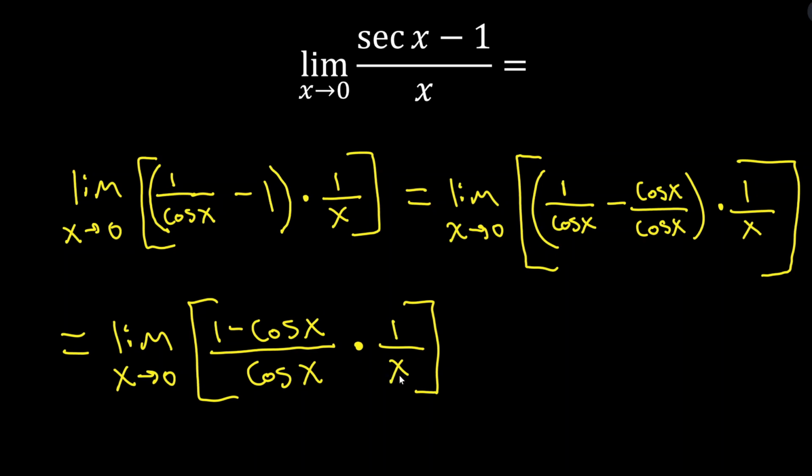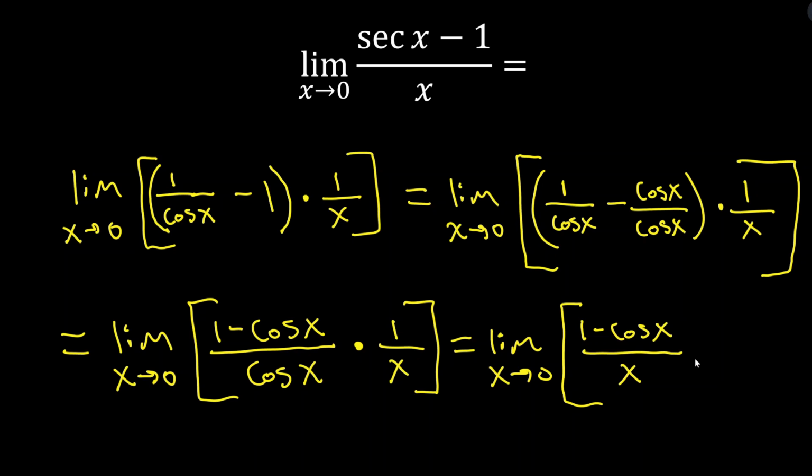Multiplication is commutative, so I can swap these positions, and then I'm going to have the limit that I know the value of. So this equals the limit as x approaches 0 of 1 minus cosine x over x times 1 over the cosine of x. So I just swapped the x and the cosine of x.